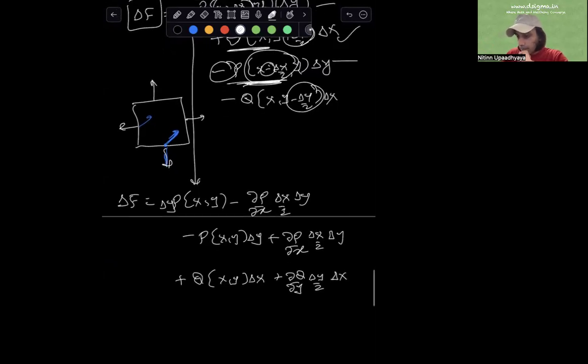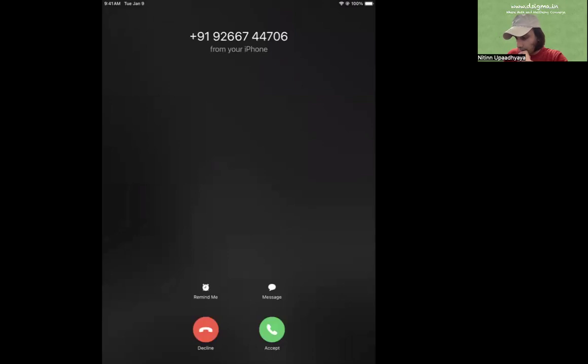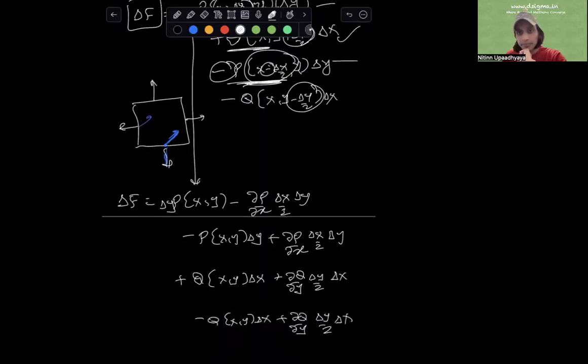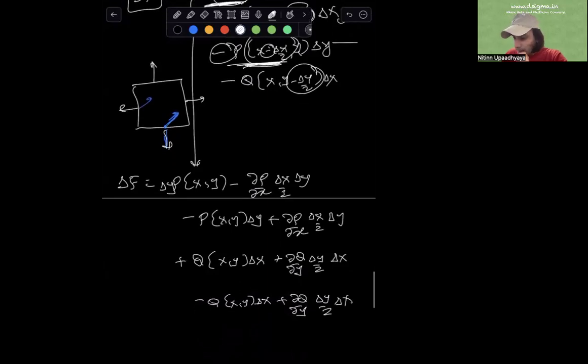That's coming from here. And then we'll have minus q(x, y) del x plus ∂q/∂y del y by 2 del x. Now notice that this term cancels this one. This term cancels this one.